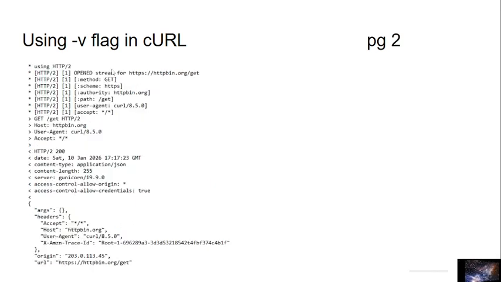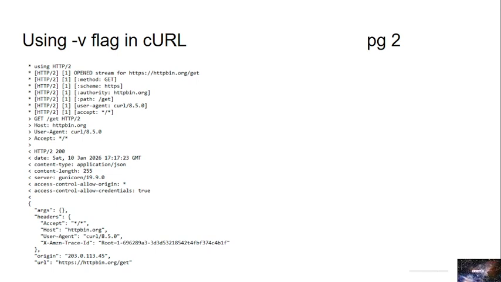Okay, you've seen all this over there. HTTP open stream for this get, then the method is get, scheme HTTPS, authority http.org, path /get. So if you look at all these, if you have not watched the videos that I've done on web security, go back and look at about 4 or 5 of them, on HTTP method deep dive, on same origin policy versus CORS, and a few other ones.